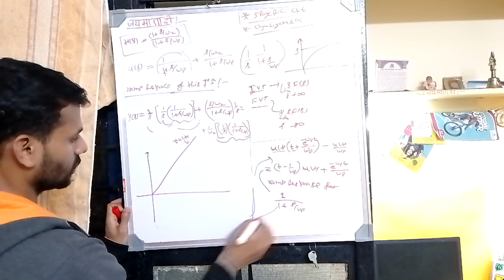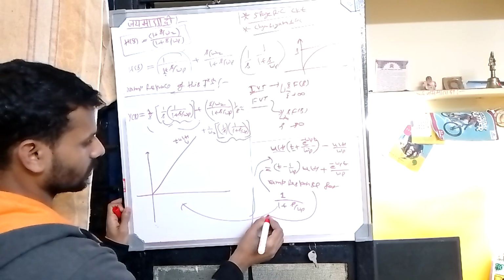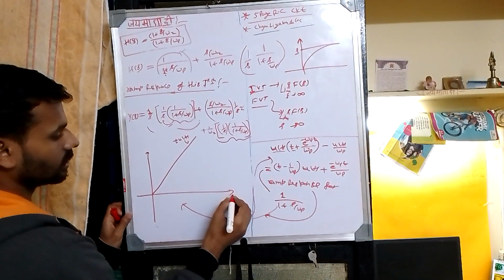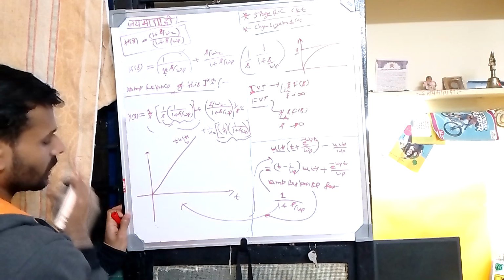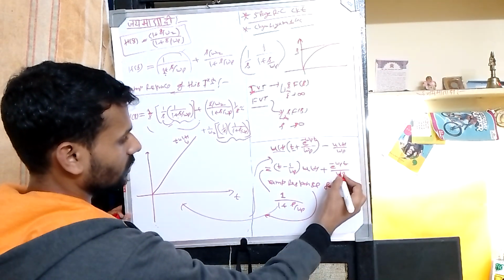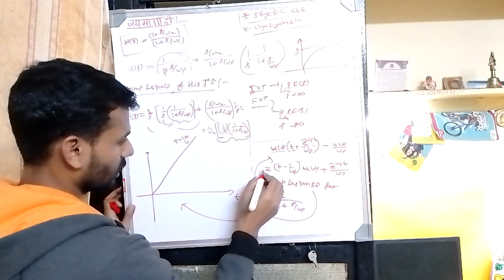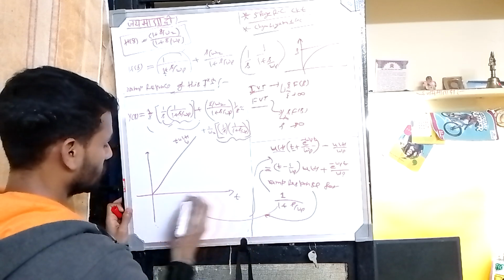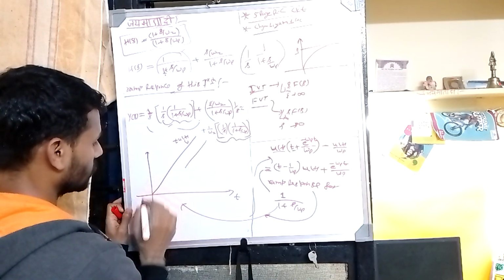For this transfer function, I plot the ramp response, and this axis is t. At t equals 0, it looks like this. At t equals infinity, this term will go to 0 and only this term remains. Then at t equals infinity, it will look like this.